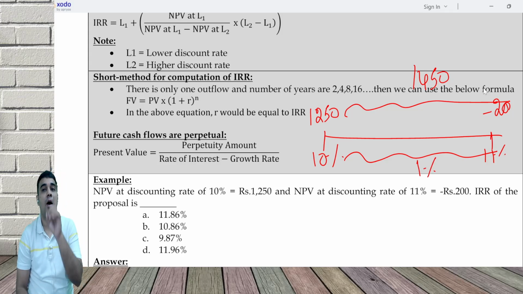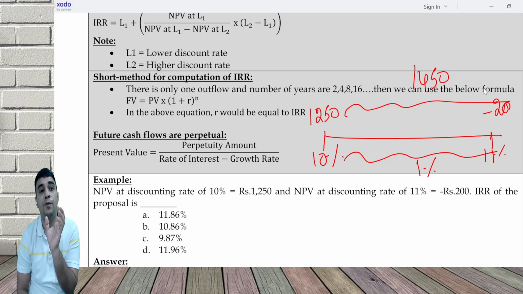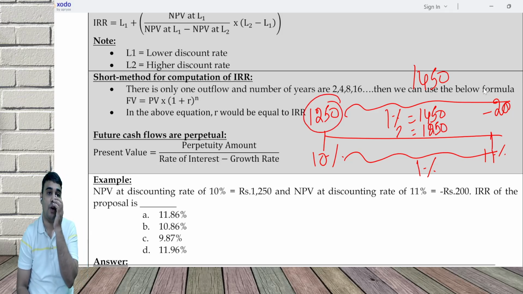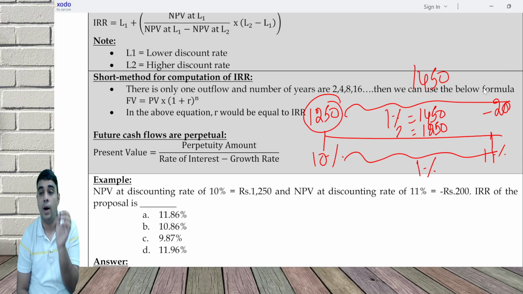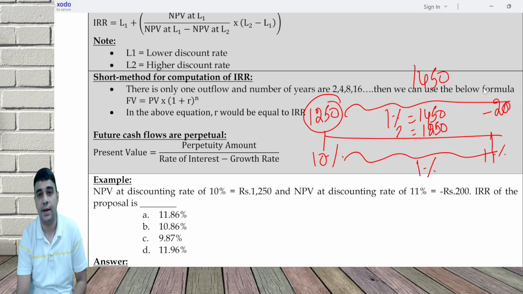So what we are saying is, a 1% change in discount rate will lead to a 1450 change in NPV. 1% equals 1450. Question mark equals 1250, that is, how will 1250 become 0? So the question mark comes to 0.86, so 10 plus 0.86 is the IRR.